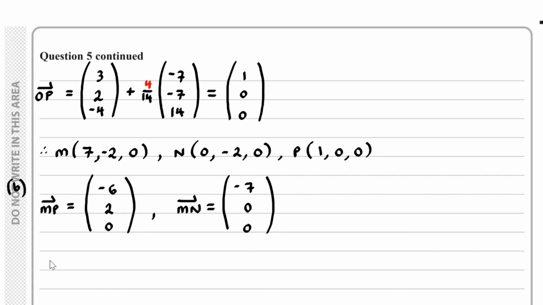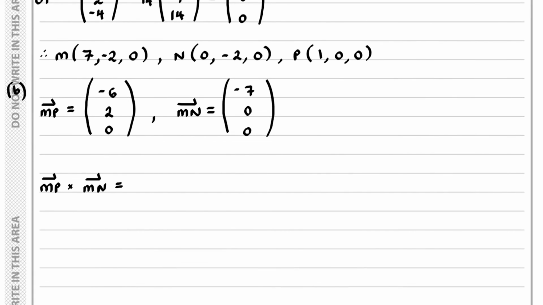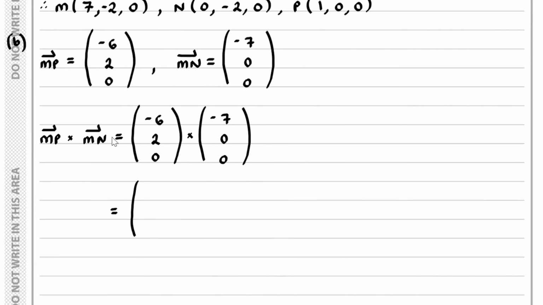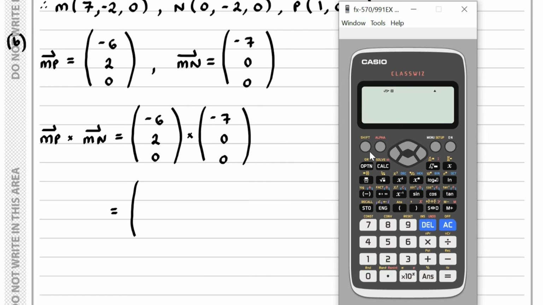and now if I find the cross product MP with MN, well, we've got these two vectors crossed.